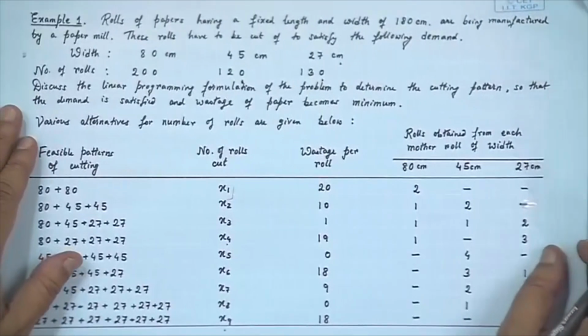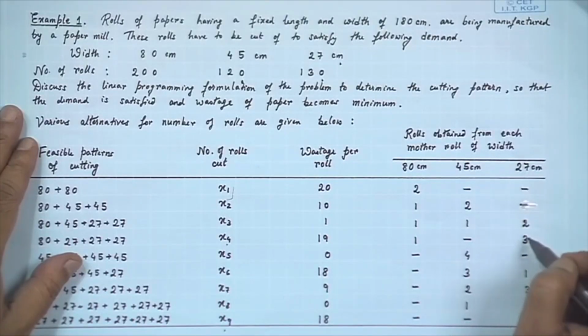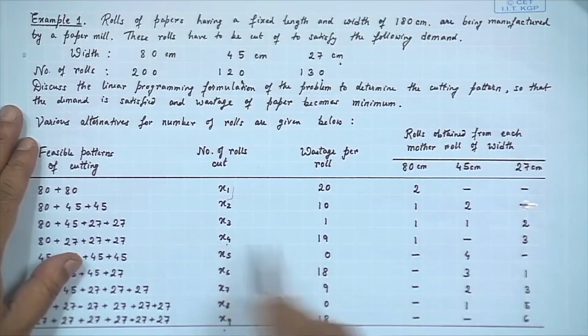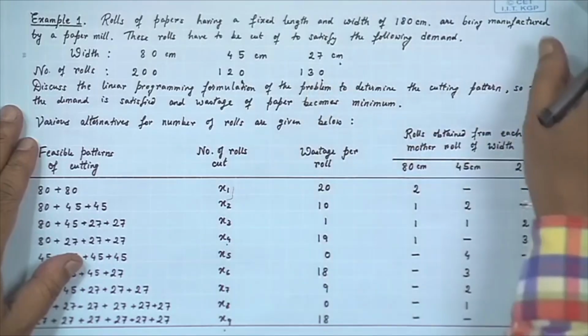And in the same way, for the 27 centimeter roll, using the third column I can write the third constraint, and that value should be equal to 130.